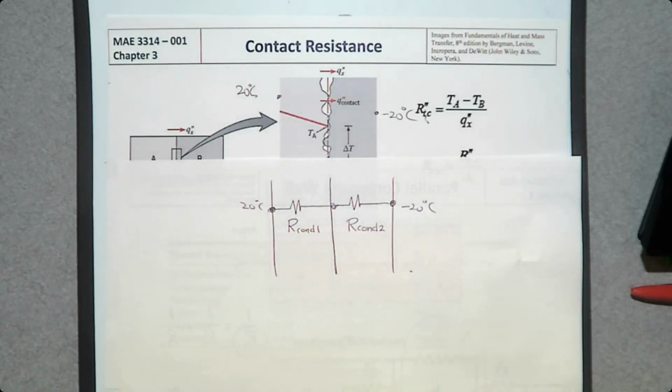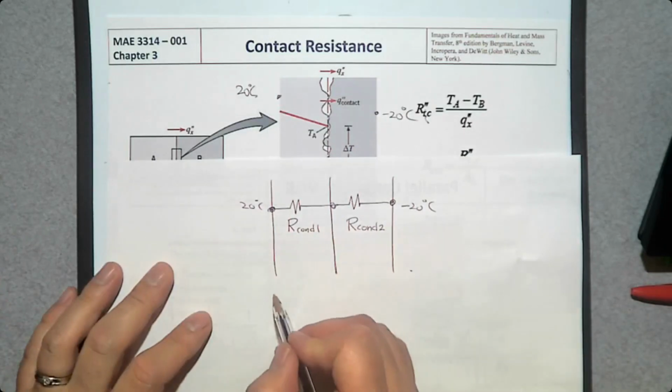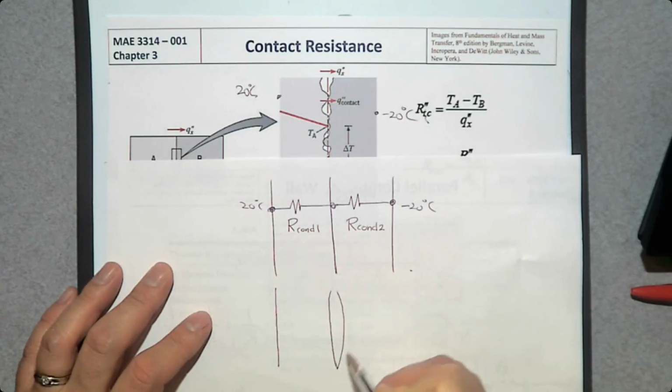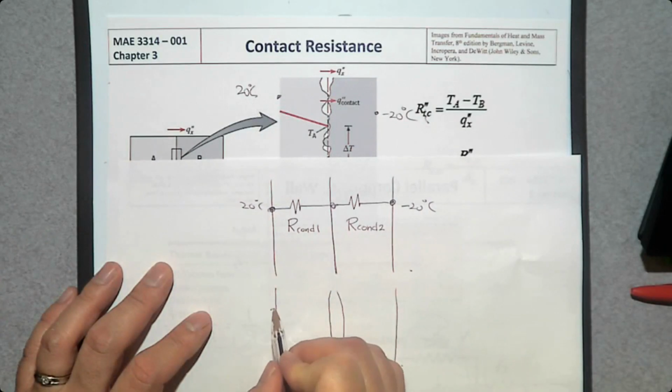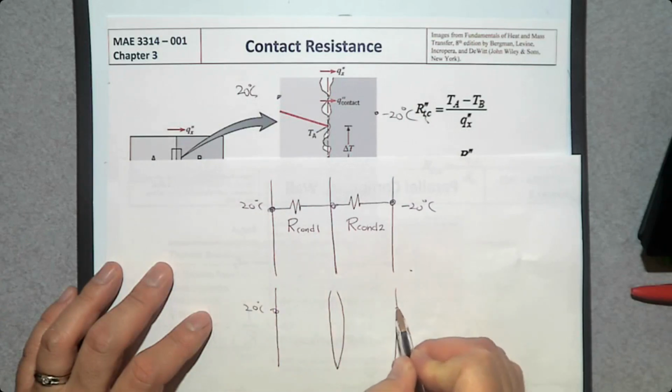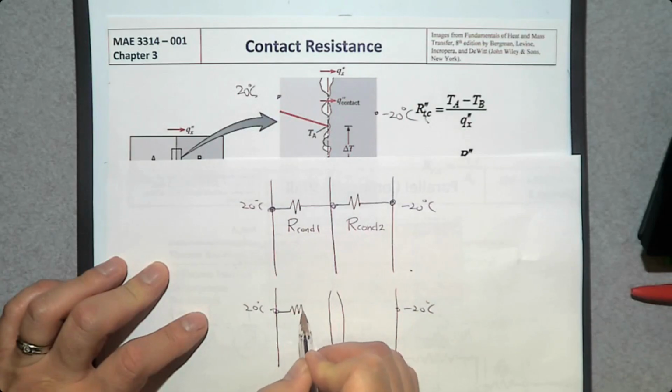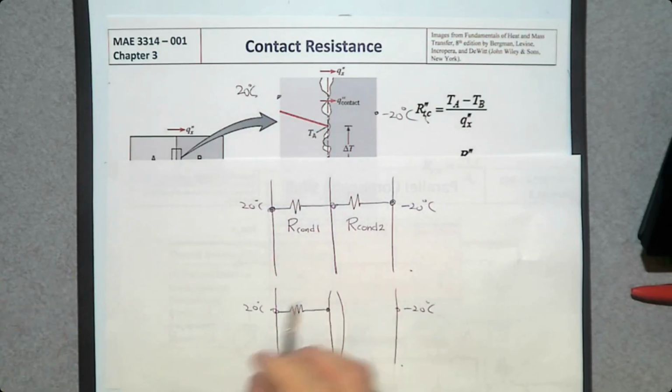However, in reality, the contact may not be perfect. So you may have this much gap. Then what's going to happen? This is 20, this is minus 20. So we have a conduction resistance. Then between this surface and the gap, what do we have?